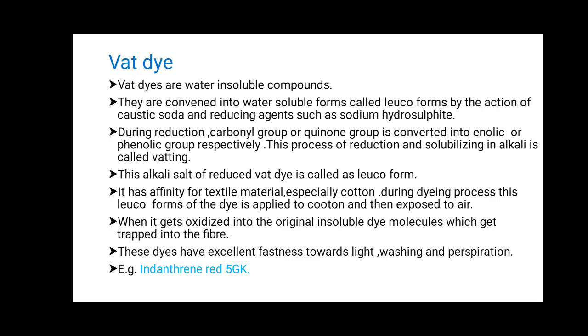During the dyeing process, this liquid form of the dye is applied to the cotton and then the textile material is exposed to the air. During this process, it gets oxidized into the original insoluble dye molecule which gets trapped in the fiber. Vat dyes have excellent fastness toward light, washing and perspiration.